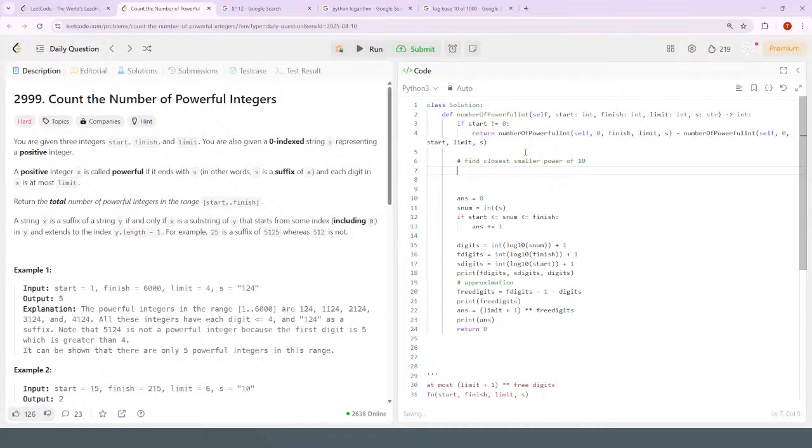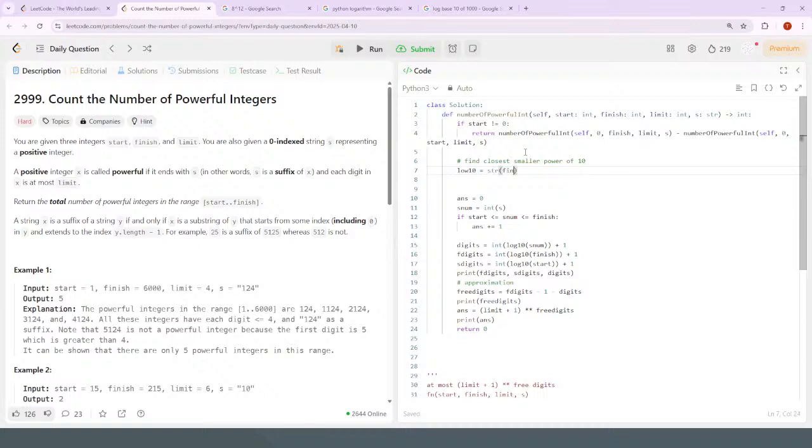And I think that should just be the number, let me try this.